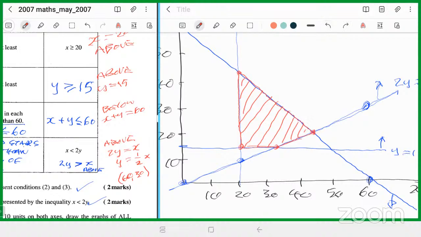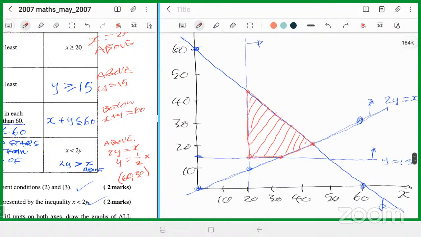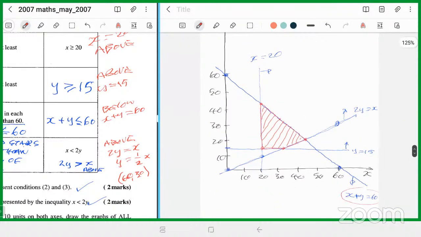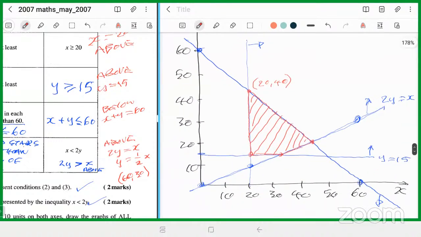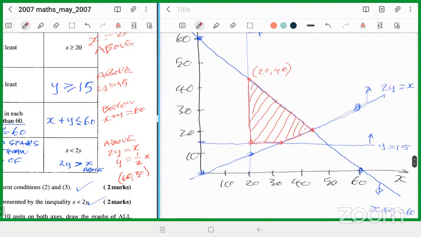Now, what is this point? This point is clearly 20, 40 because it is on the line where x plus y equals 60 and the x value here is 20. And this point down here, what is it? Let's see if we can figure it out.